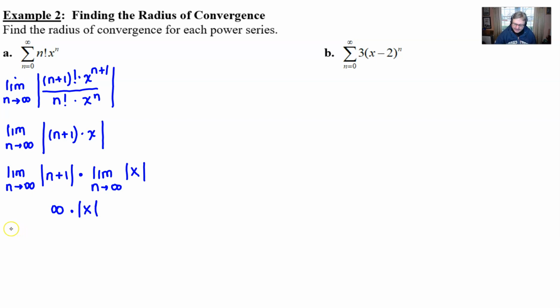And then in order to converge, let's remember what had to be true about the ratio test. Didn't the outcome of the ratio test, infinity times the absolute value of x in this case, have to be less than 1? So it's really important that we latch on to that particular idea of convergence.